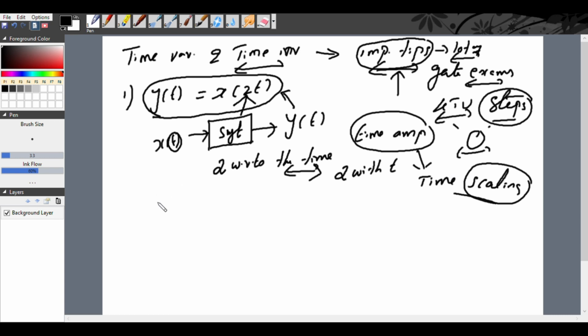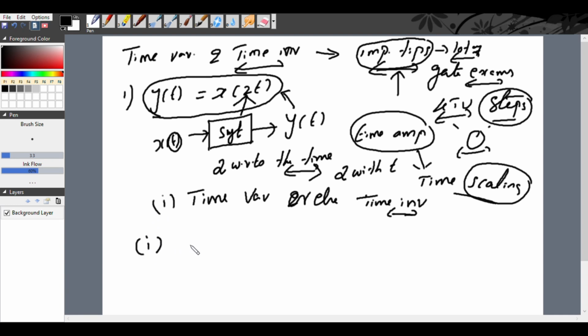So in order to check, look, the question is this one. We have been asked to check whether this particular system is time variant or time invariant. Whichever question it is, these are all the important steps. What I have to do is, first I have to vary the time on the output side, or else varying the time means delaying.